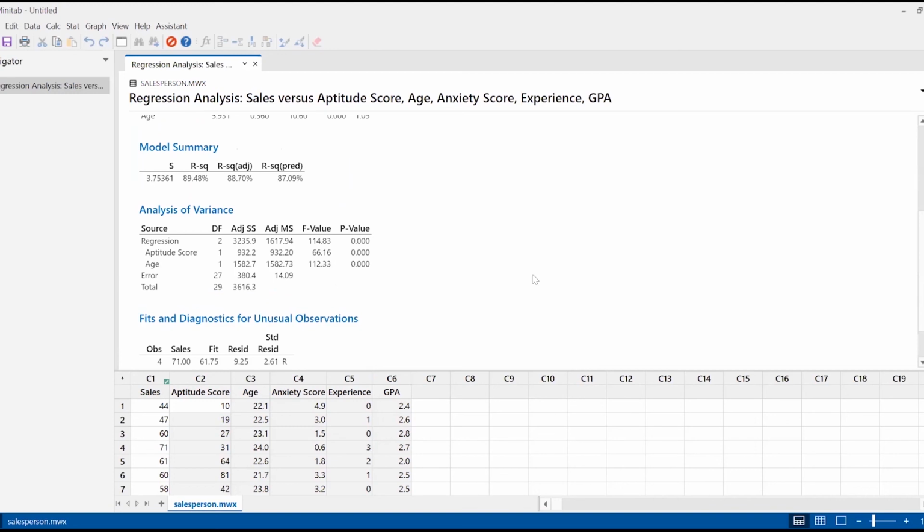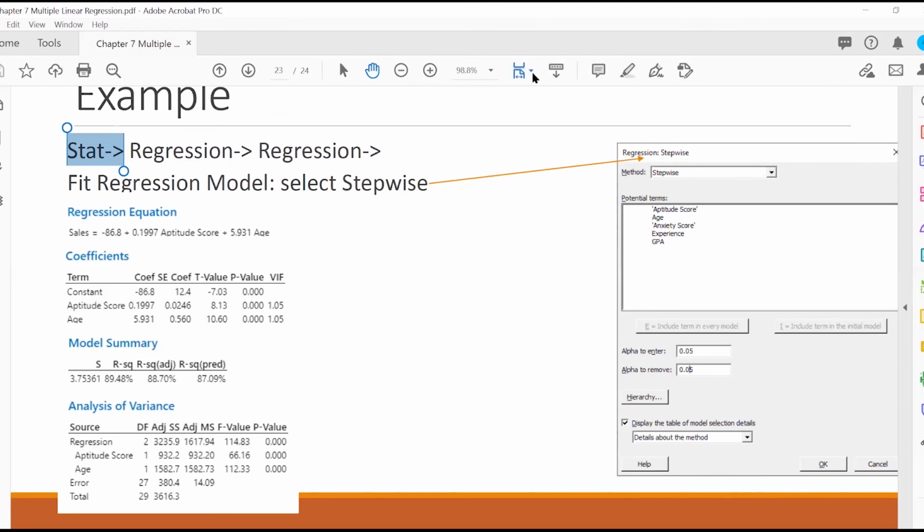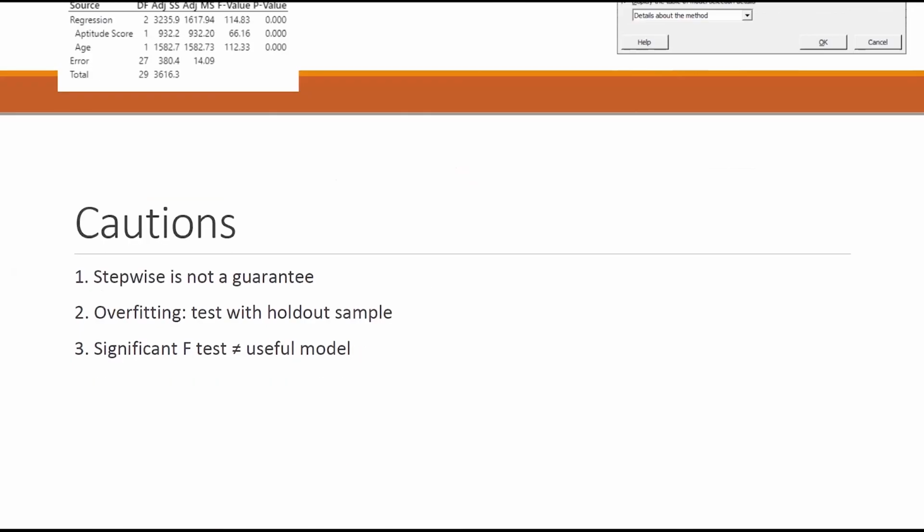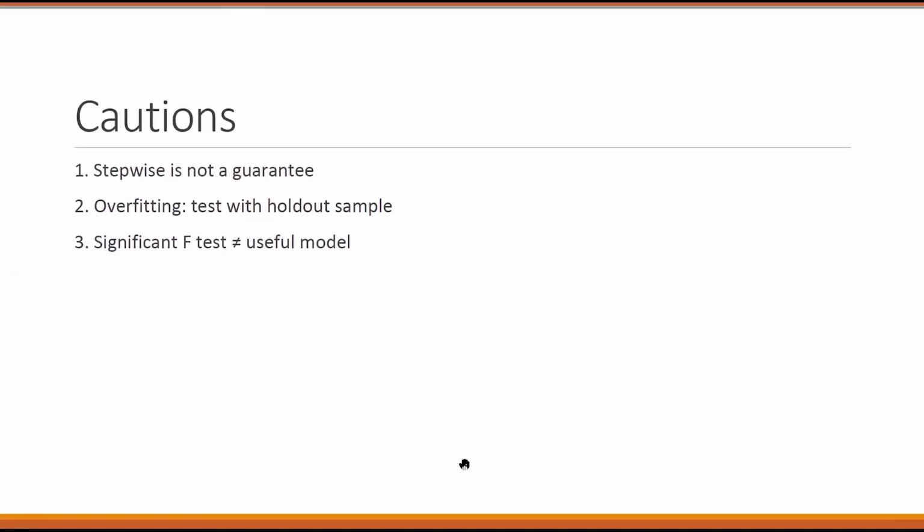Okay, let me switch back to the document and wrap up this topic. Just a couple of cautions at the end. Number one, stepwise is a nice method that allows us to pick the variables, but it doesn't guarantee that the model you find will be perfect or the best model ever.